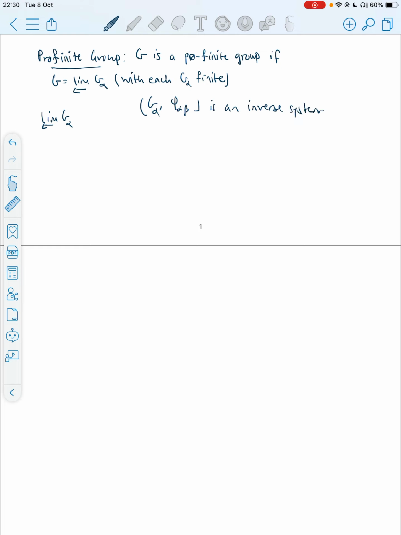If you have such things where these alphas are coming from a partially ordered set, let's say I, such that for alpha less than or equal to beta, these maps go from G beta to G alpha, such that if you have alpha less than beta less than gamma, then there are two ways to go from G gamma to G alpha, right? One, you can go directly by this map phi alpha gamma. And there is another way. First, you go from G gamma to G beta, which is phi beta gamma, and then you go by phi alpha beta. This composition should match.